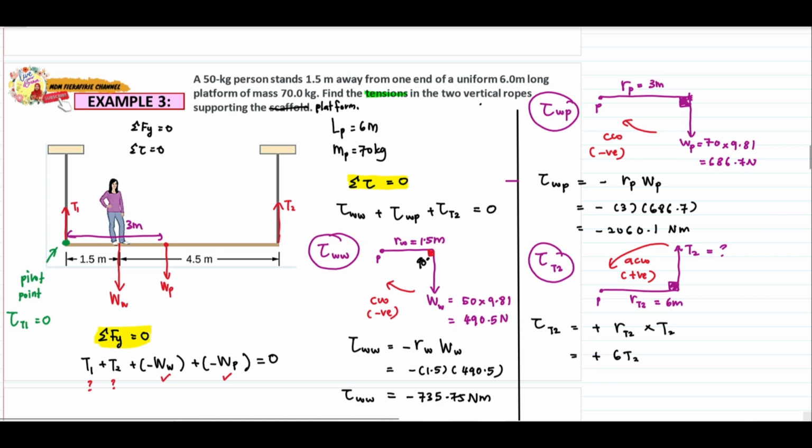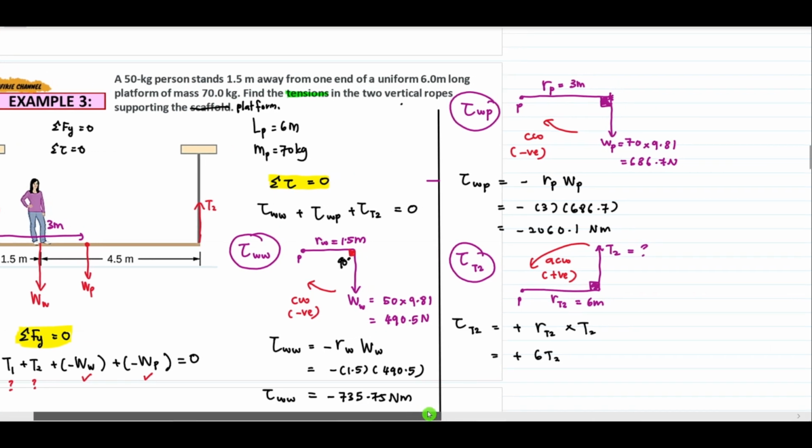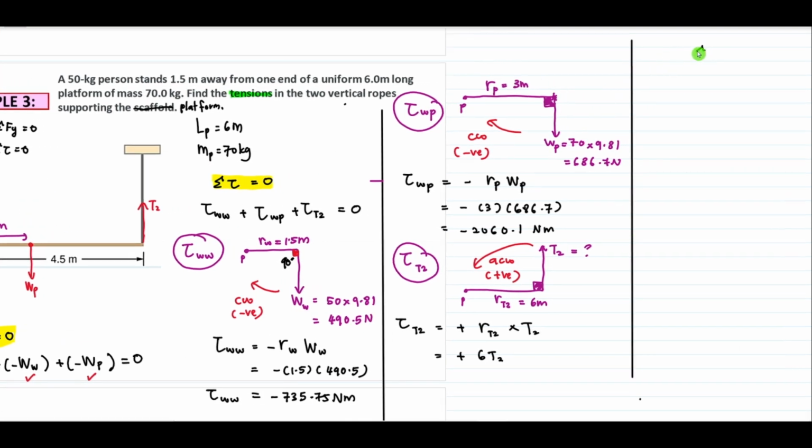Okay, so now we can solve our question. We can write total torque is equal to 0. Remember the formula we wrote earlier, total torque is equal to 0.